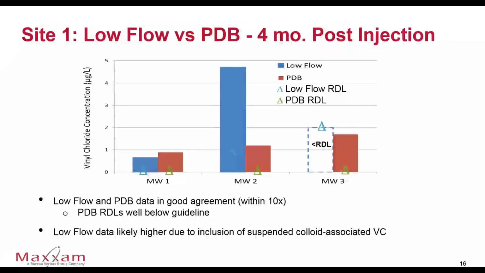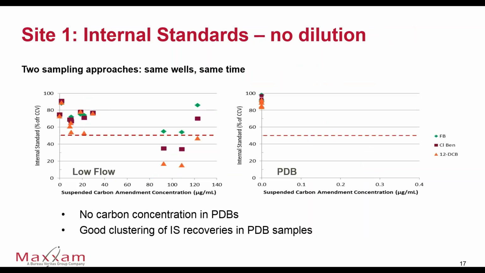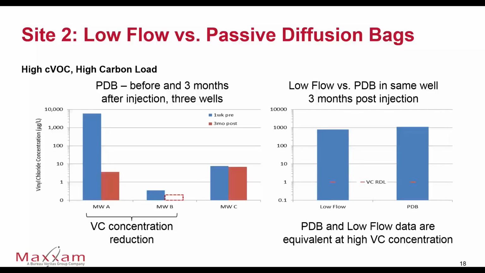So you'll see that for monitoring well 2 and monitoring well 3, fairly high carbon loading, and the low flow detection limits were elevated, whereas the passive diffusion bag detection limits were not. And again, if we look at our internal standards, on the right you see all of the internal standards pass with the passive diffusion bag. That's expected because there's no carbon, whereas they're failing on the left with the low flow analysis.